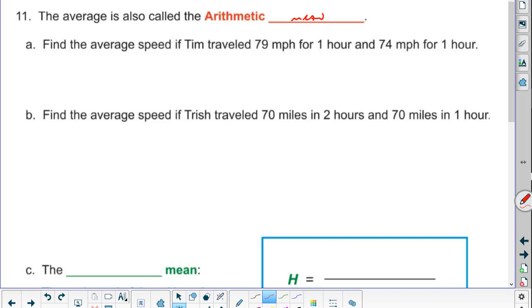But these things are different if the units aren't 1. So I just want to show you this is the same thing as doing this. So to do the mean, I can do the 79 miles plus the 74 miles over, I know this is going to mess with your mind, 1 hour plus 1 hour.